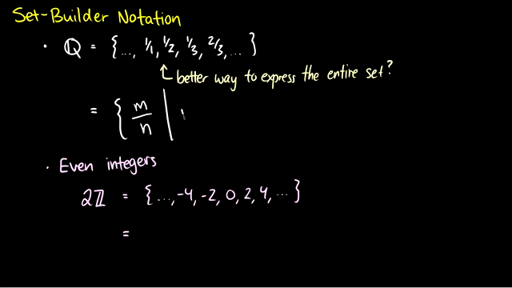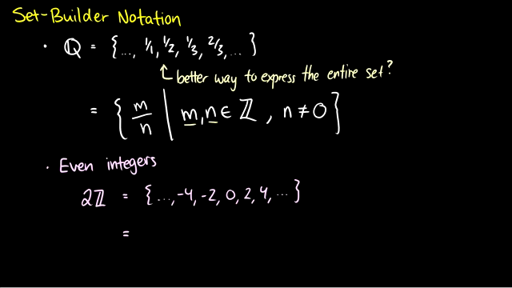We're going to say that m and n have to be integers, and also n has to not be 0, so that way we're not dividing by 0. And this expresses the entire set of rational numbers. I'm saying, look, take any 2 integers, m and n, we can put m on top of n, and as long as n isn't 0, it's going to be in that set.